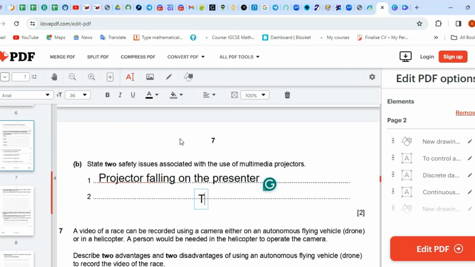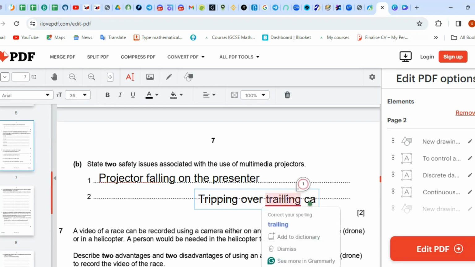So we have tripping over trailing cables.